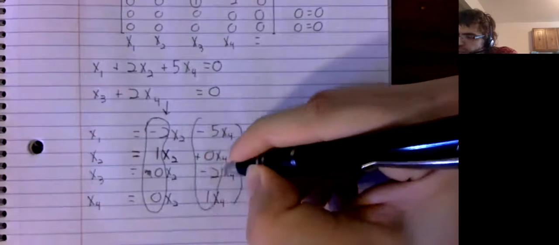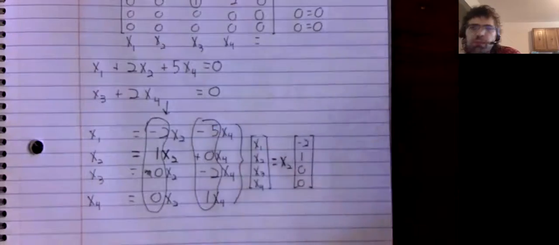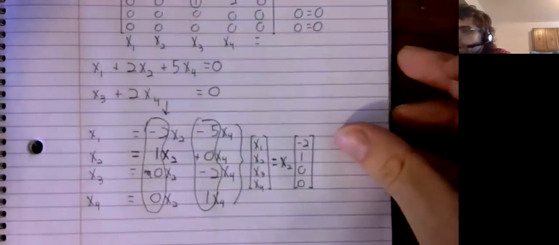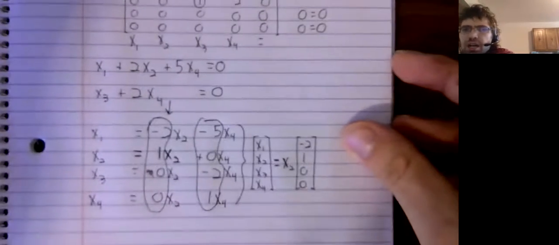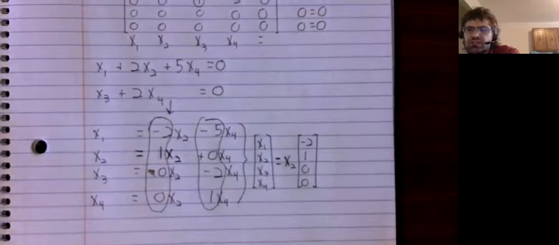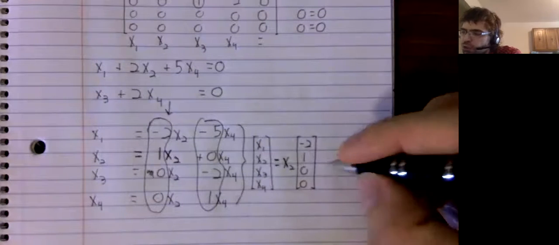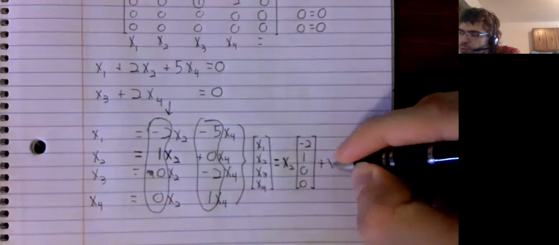Similarly, we've got these numbers. They're all being multiplied by the same scalar, x sub 4.